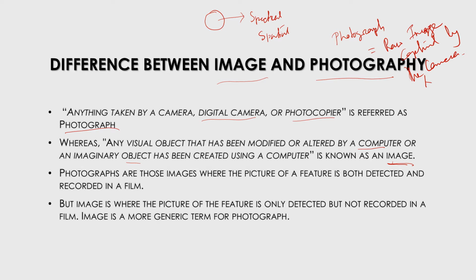Now this must be a remotely placed camera. That is why it is not sensitive, right? But whenever this photograph is altered or modified, this becomes an image. This image is recorded in a film or the hard drive of your computer. Somewhere it is recorded.